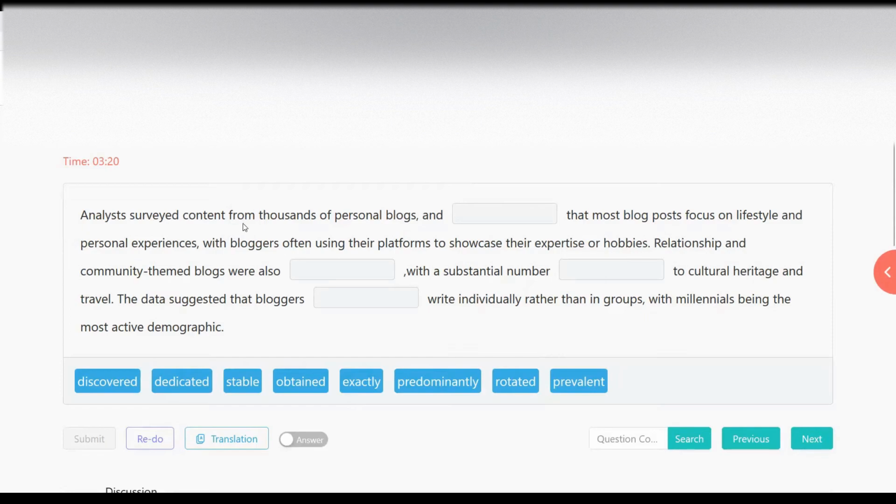Analysts surveyed content from thousands of personal blogs and dash that most blog posts focus on lifestyle and personal experiences. Now here, what does surveyed mean? Surveyed means doing some research. And when some research is conducted, what will happen?